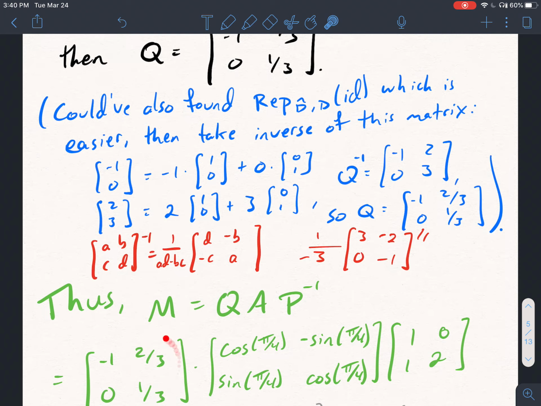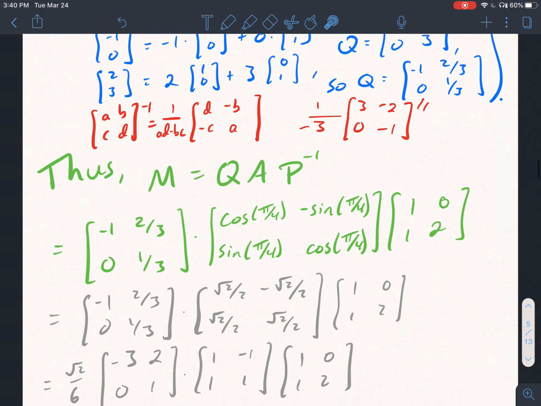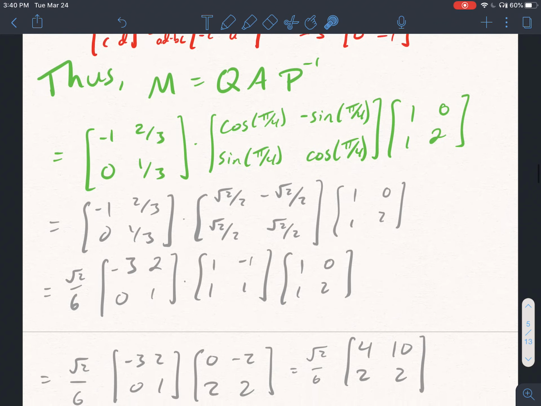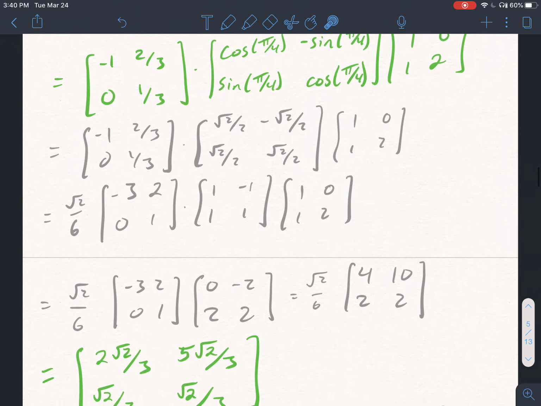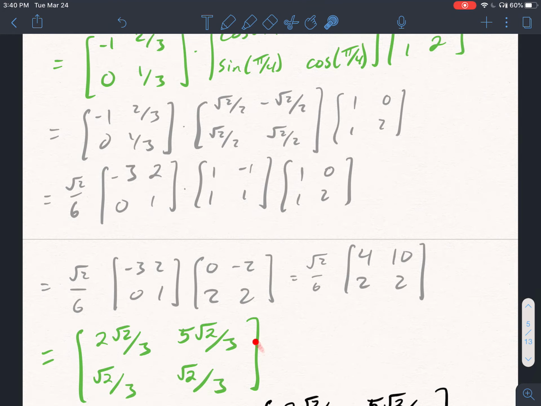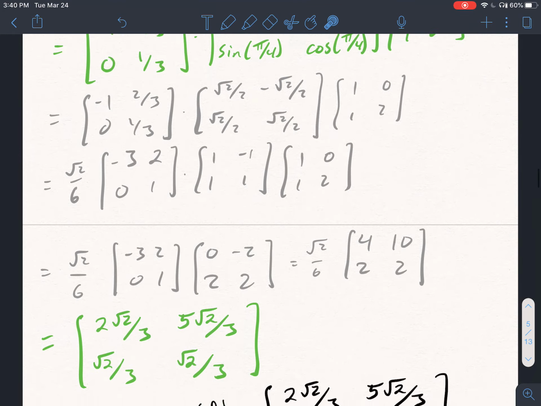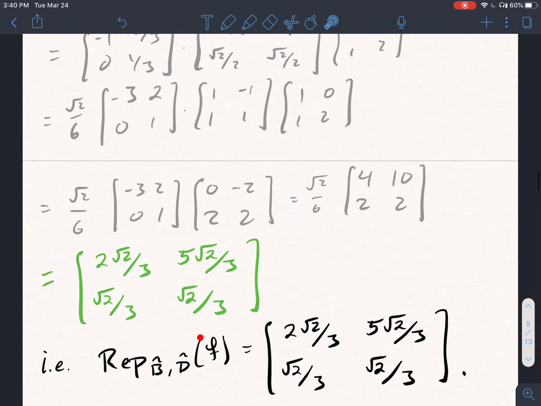This was our Q, this was our matrix A, our rotation matrix, and this was our P inverse. I don't think it's really worth our time to go through the calculations, but I'll keep it on screen for anyone that wants to check that this is right. Go ahead and pause if you want to check all this. What this comes out to is this matrix right here. So this matrix is our representation of F with respect to our new bases B hat and D hat.